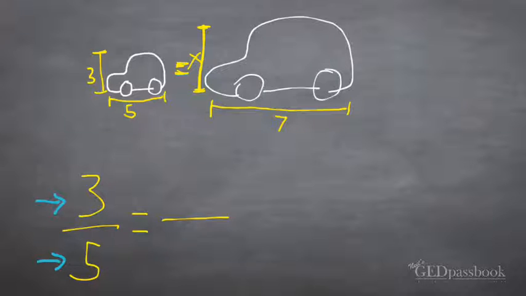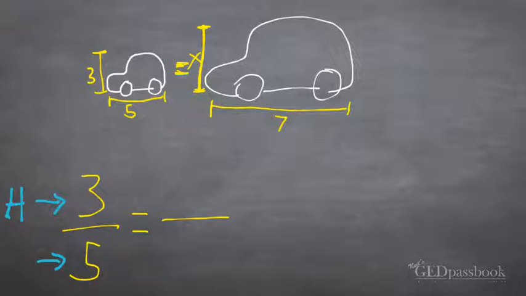What does the 3 represent? What does that 3 stand for? Is it showing you how long the car is or how tall the car is? Height. Exactly. The 3 represents your height.